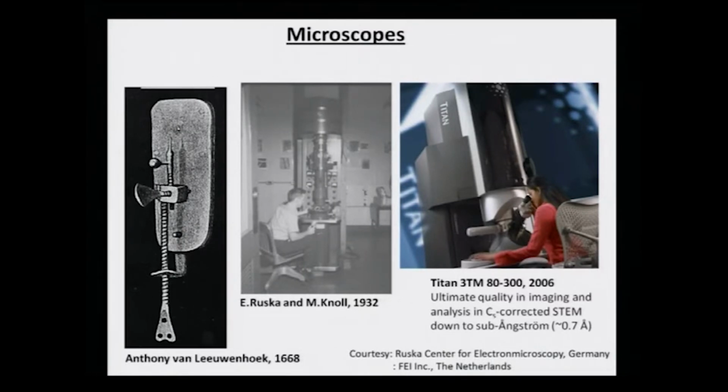As I mentioned, the theoretically possible resolution in a transmission microscope is 1 picometer, but we can never achieve it because of the problem of lenses. By correcting different lenses, it is possible to have a resolution of approximately 0.6 angstrom, which is the best possible resolution achieved till today.